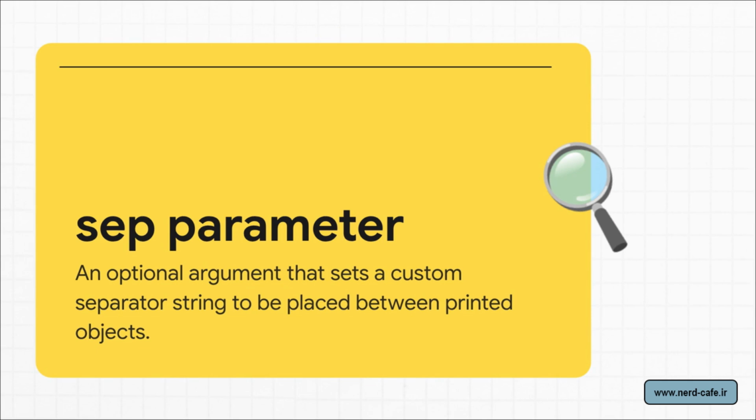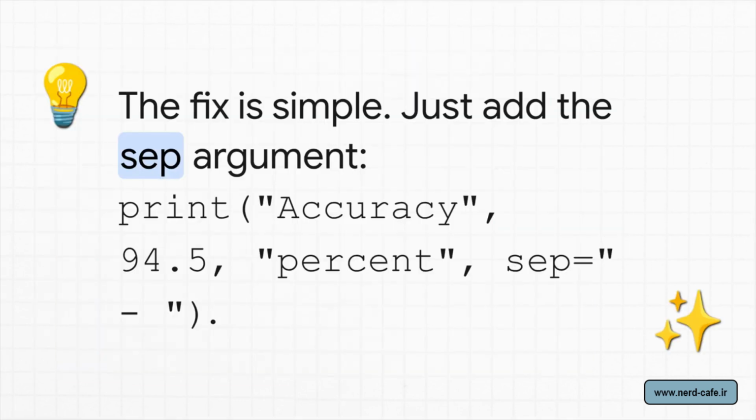And here it is, the sep parameter. It is such an elegant solution. It lets you define any string you want to be placed between the different things you're printing. It could be a space, a comma, a dash, an arrow, you name it. And the fix is this simple. Look at this.